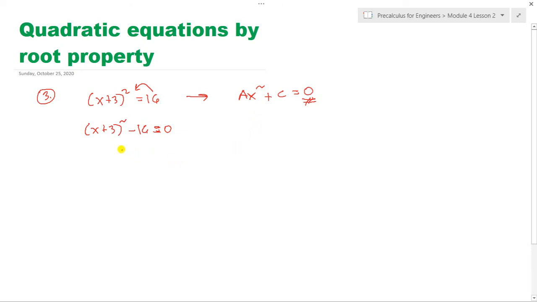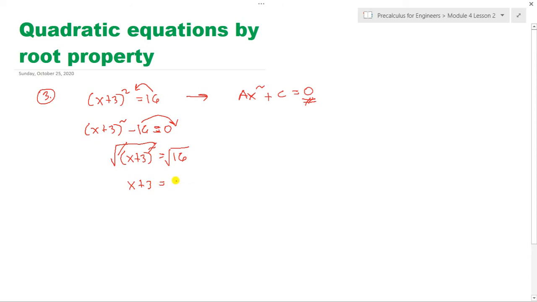But it's up to you, depending on our preferences and style in solving the problem. So again, I bring it back. So we have (x plus 3) squared is equal to 16. Then take the square root of both sides, so the square cancels out here. What's left is x plus 3 is equal to the square root of 16.